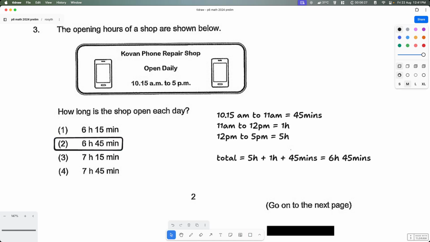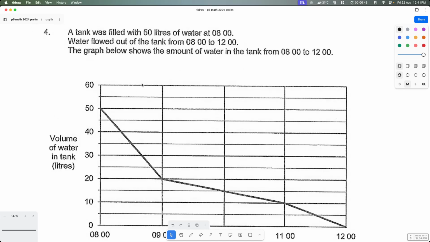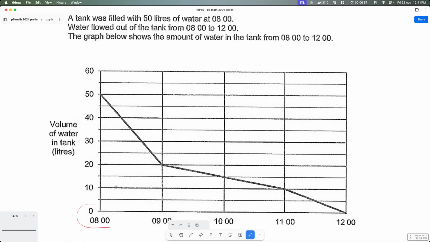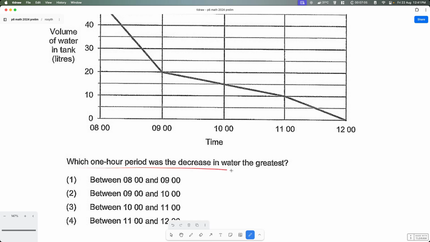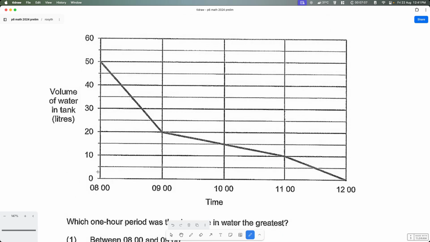Okay, let's move on to question number 4. I was supposed to say question number 4. A tank was filled with 50 liters of water at 8 a.m., or 0800. The water flowed from 0800 to 1200. The graph shows the amount of water in the tank. In which period was the decrease in the water greatest?